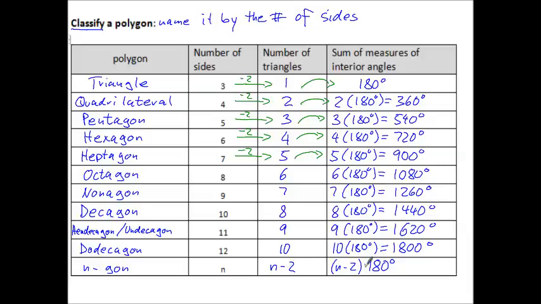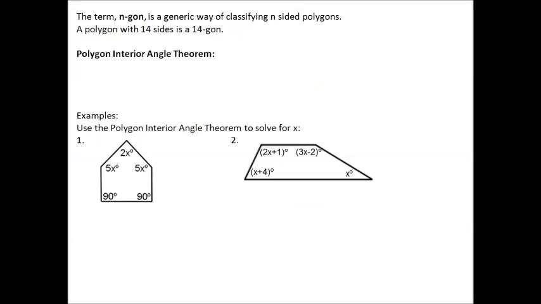And we're going to leave it like that here in the box on the right. I'm not going to distribute the parentheses. And the term n-gon is really just a generic way to classify n-sided polygons. So every time we know the number of sides, we can replace n by that number. For example, a polygon with 14 sides is called a 14-gon.